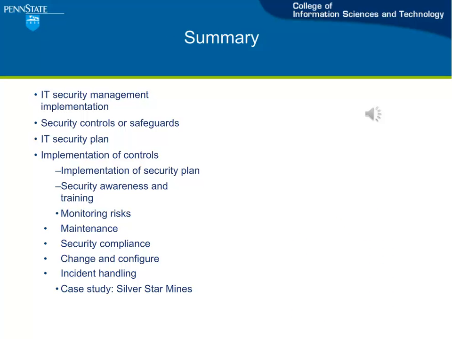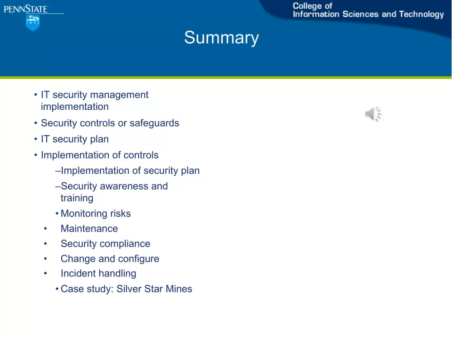So wrapping things up on our discussion of IT security controls, plans, and procedures, just to summarize a little bit about what we talked about, we touched on some of the security management implementation aspects, touched on some of the controls or safeguards. I think the three basic category areas of management controls, operational controls, and technical controls.